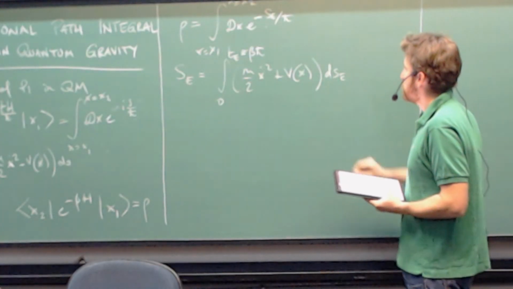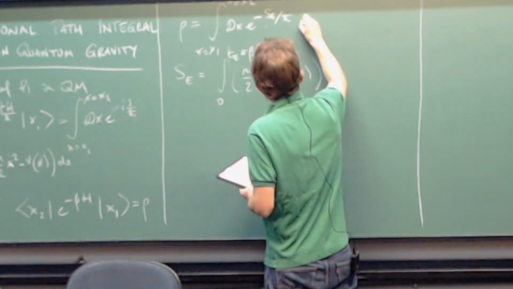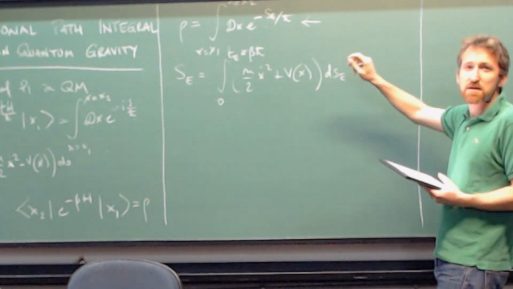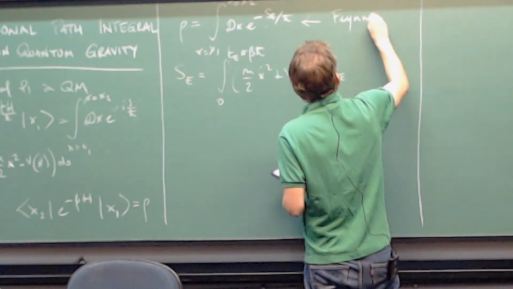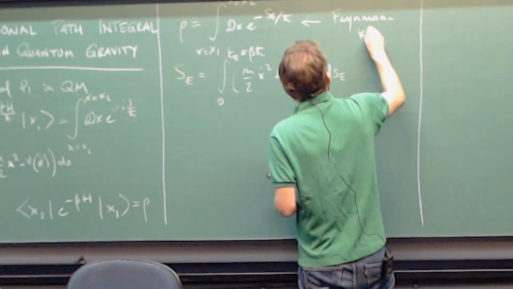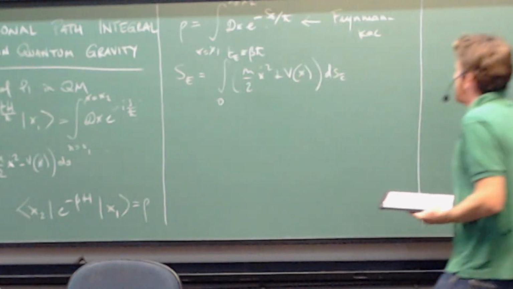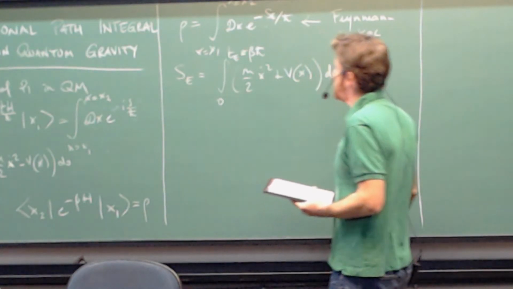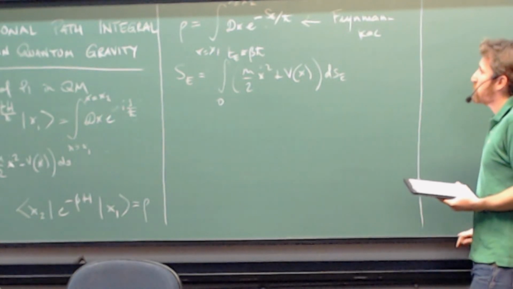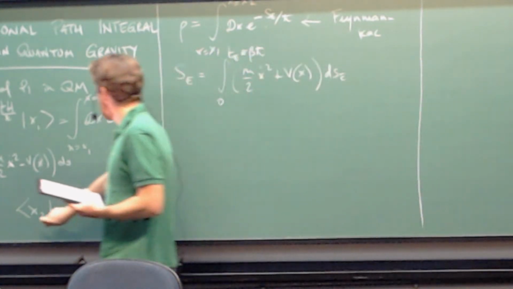Okay, so this formula, which can be constructed in a rigorous way, is the Feynman-Kac formula. And it tells you about actual probabilistic processes, stochastic processes that take place between x1 and x2.